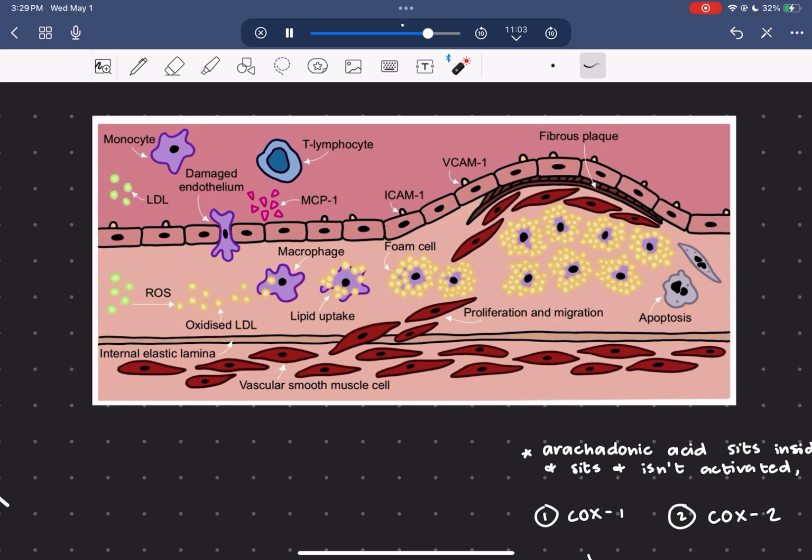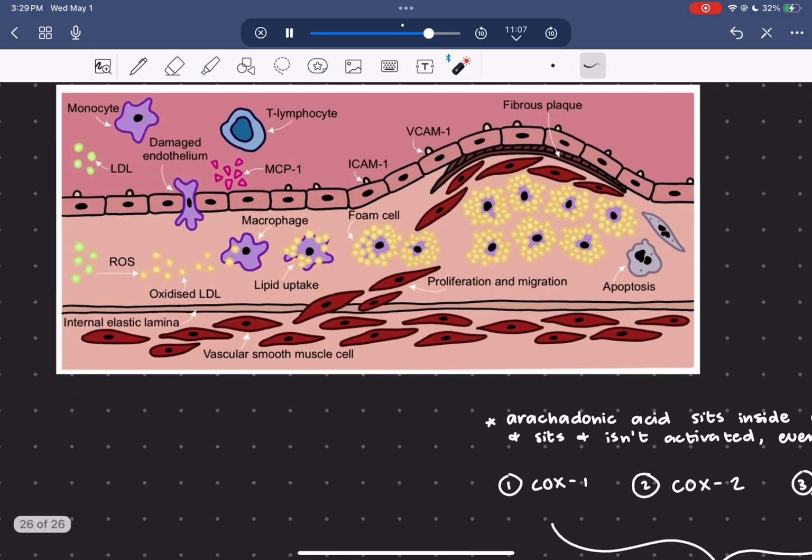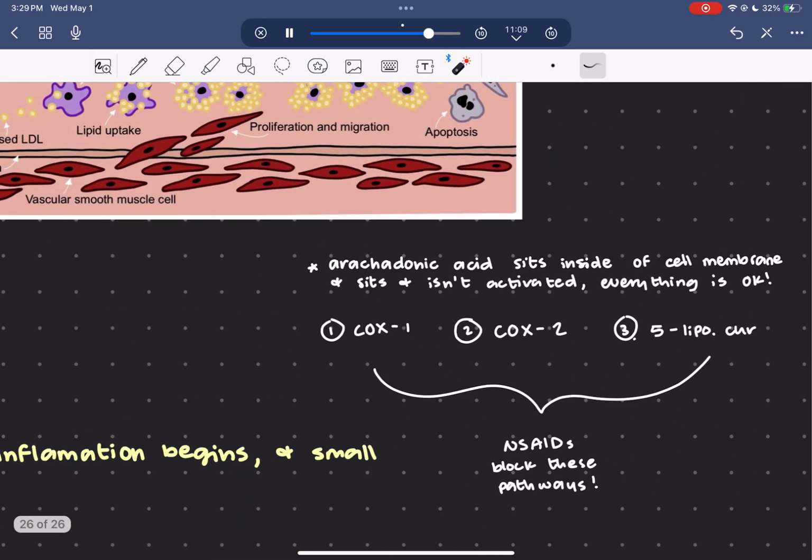And to kind of combat atherosclerosis, let's look at 3 inflammatory processes. We have COX-1, COX-2, and we have the 5-lipoxygenase pathway.